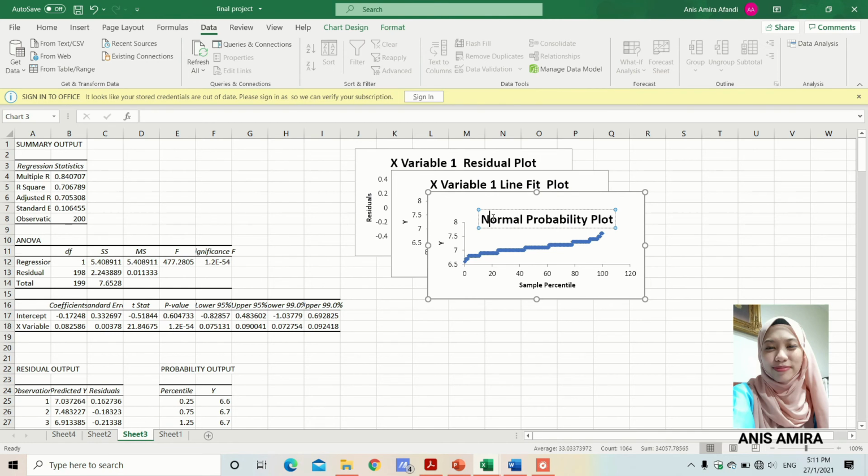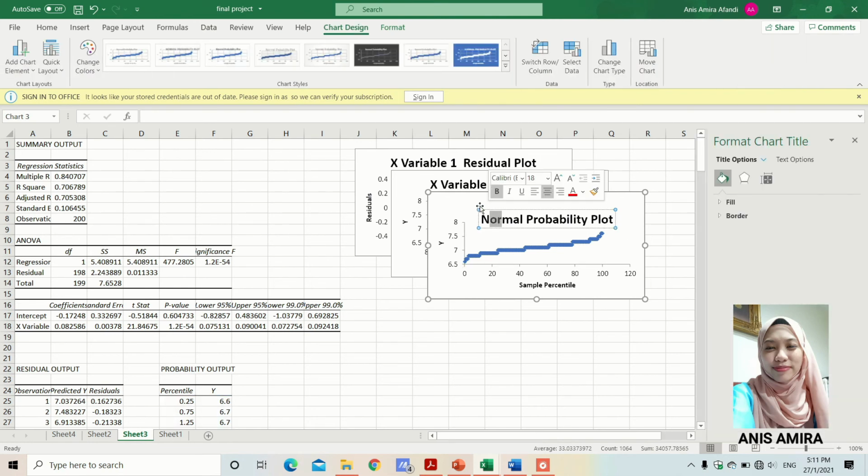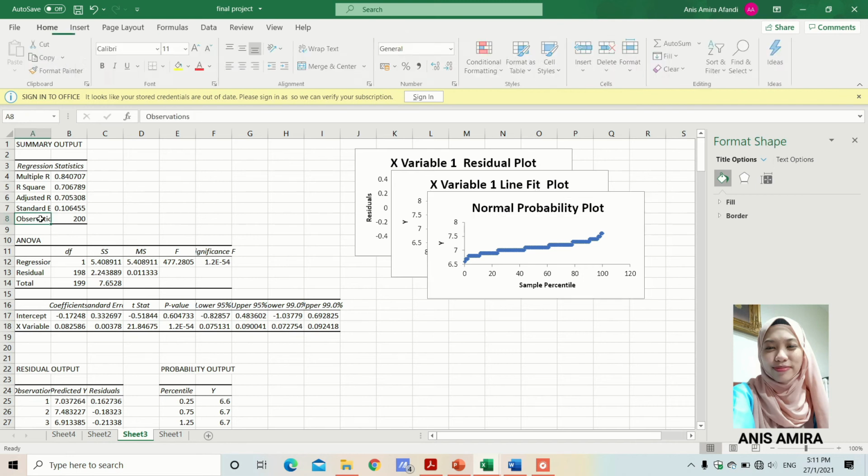To know if our analysis is correct or not, first thing that we need to identify is whether our n is correct or not by looking at the observations. Observations is 200, which is correct because our n is 200. We will get our alpha and our beta by looking at the coefficients.